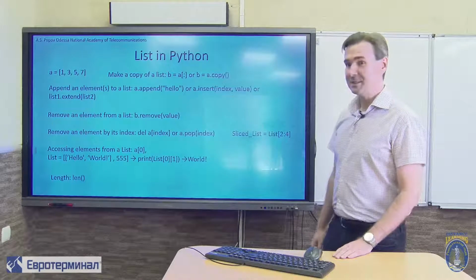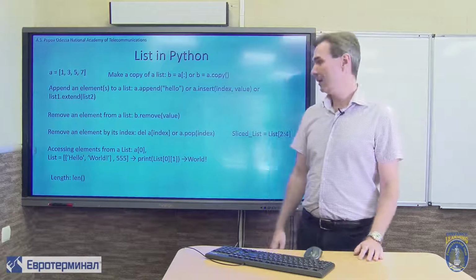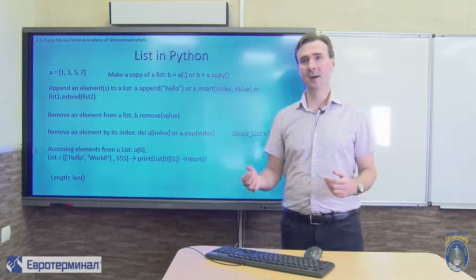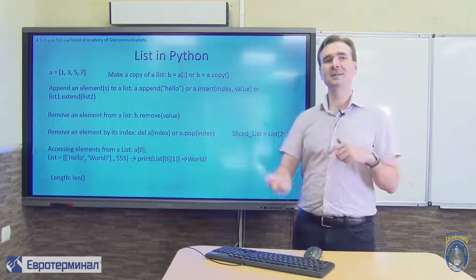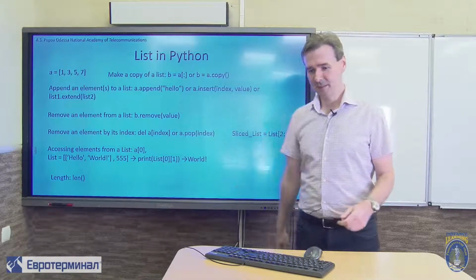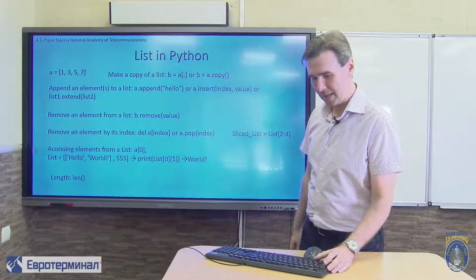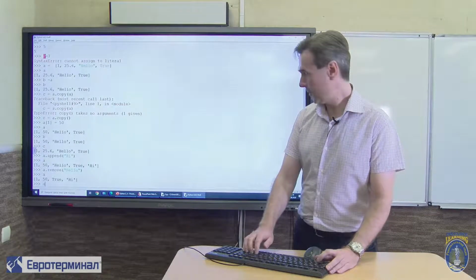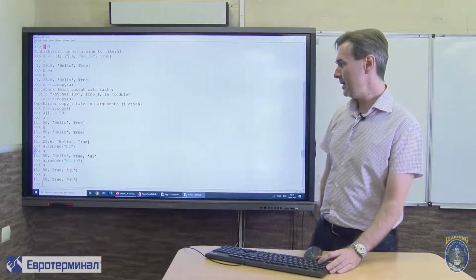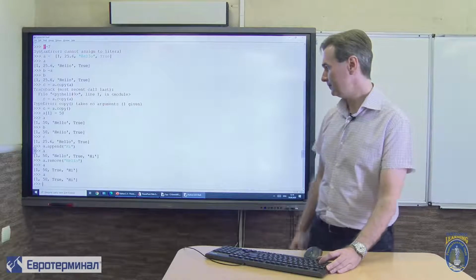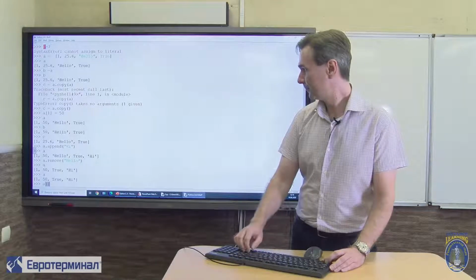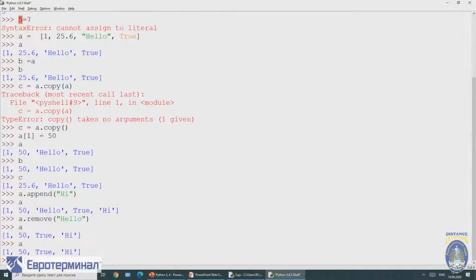Of course, in the case of a list, you may have what is called a nested list, when a list is an element of the list. So let's try doing that. So here is our list A. So let's change, let's say A0.